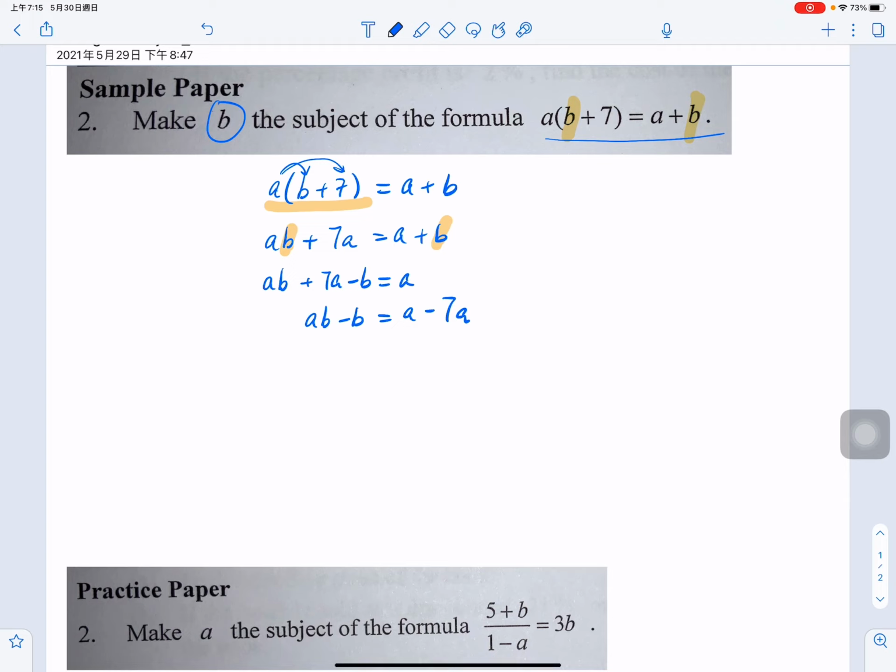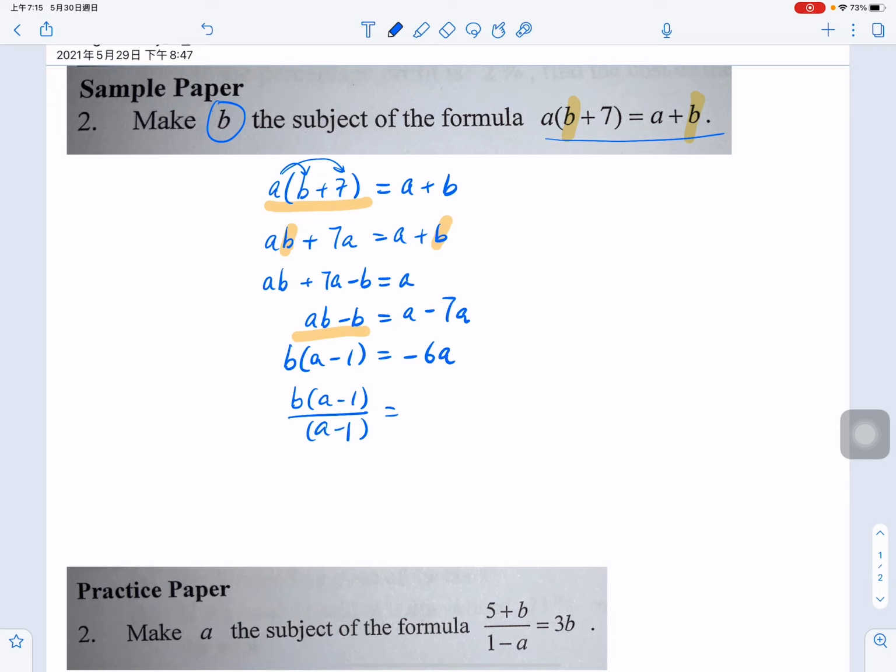Right, now we need to factorize. That means pick up the common factor b, so b times (8 minus 1). Then this one simplify, a minus 7a, so negative 6a. At the end, b as a subject, so both sides divided by 8 minus 1.